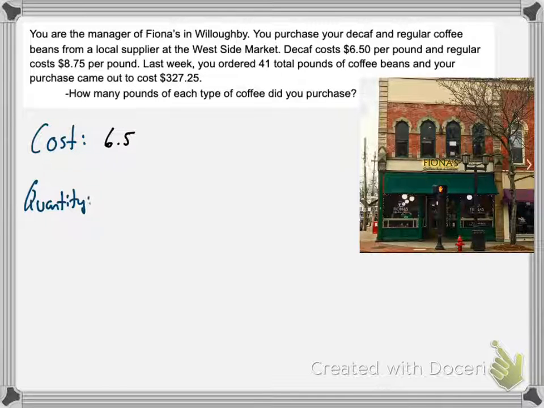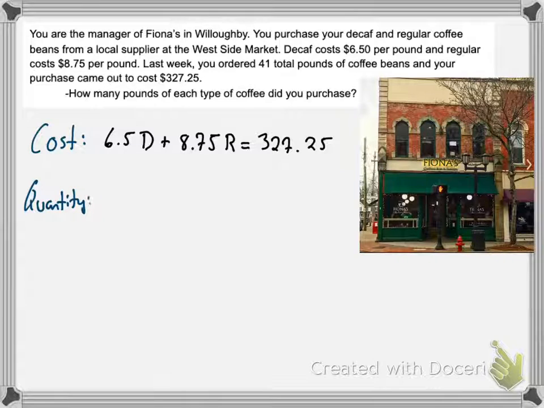I don't know how many pounds I bought, so that's my first unknown. I'm going to say 6.50D plus, same thing for the regular coffee, 8.75. I don't know how many pounds of regular, that's a different unknown, so I'm going to make a different variable, R, equals my total cost, which was $327.25. So that's good for our first equation.